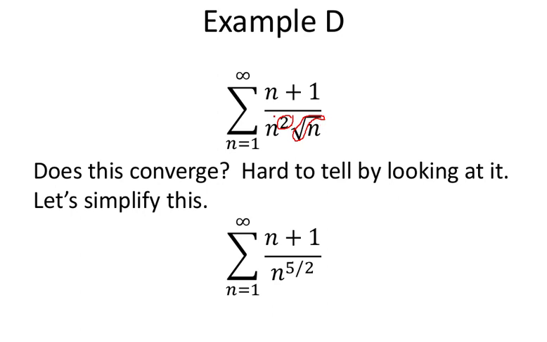Let's put those into the same form. That's n squared, and that's n to the 1/2 power. We combine those to the same exponent of n to the 5/2 power, or n to the 2.5, because when you multiply two terms of the same base, the exponents add. So you're adding 2 plus 1/2 to equal 5/2.